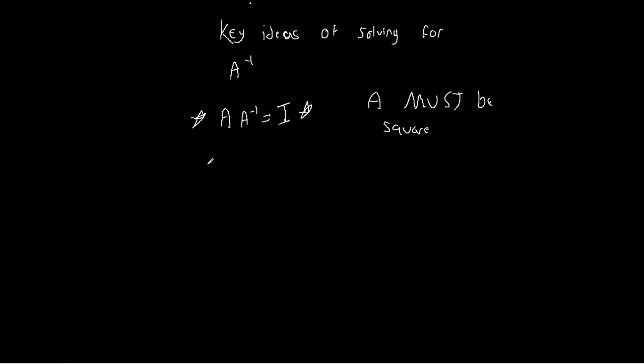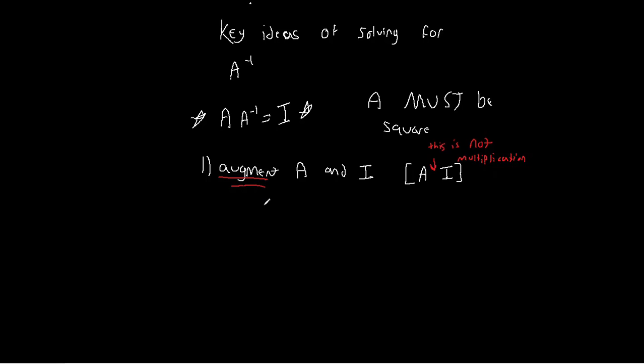The first thing we're going to do is augment A and I. So we're going to get a matrix that has A and it has I. I'm going to make a note here that this is not multiplication. We are not multiplying A and I, we are augmenting, which means sticking those two matrices together.